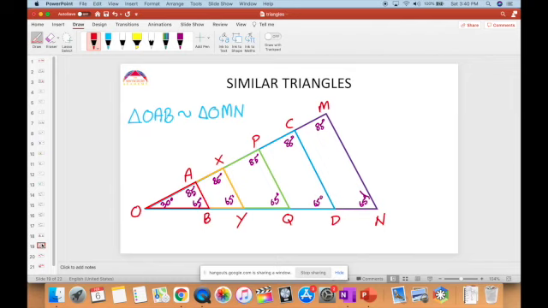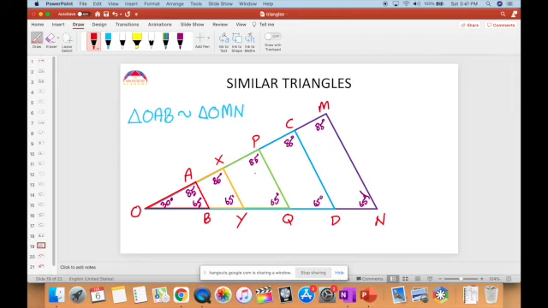Now, can anybody look at this slide and explain to me what similar triangles are? Similar triangles are actually proportionate to one another. So yes, if they are similar, they'll have the same angles, but they don't necessarily have to have the same size, right?